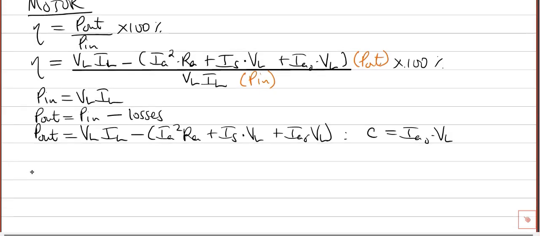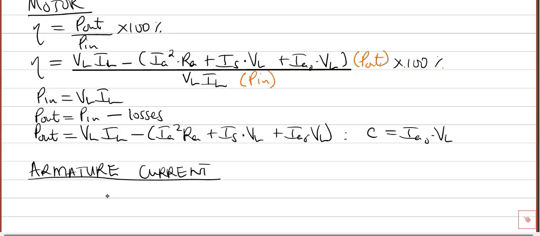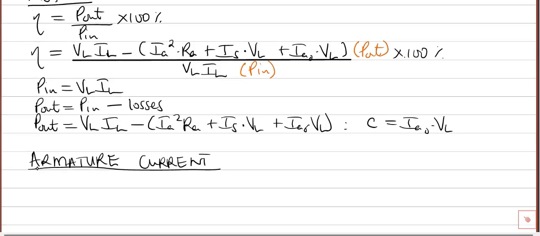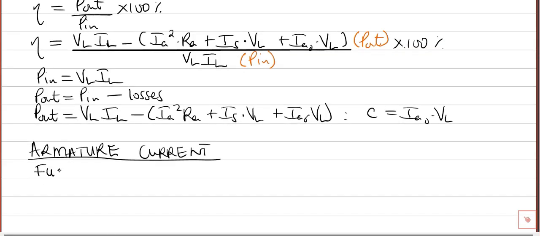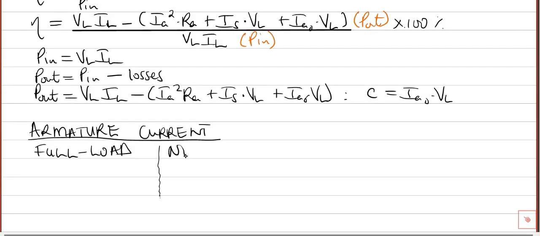Now, there are conditions as to how to calculate armature current. In these calculations, you are likely to come across two armature currents: the current at full load, and the other current at no load.